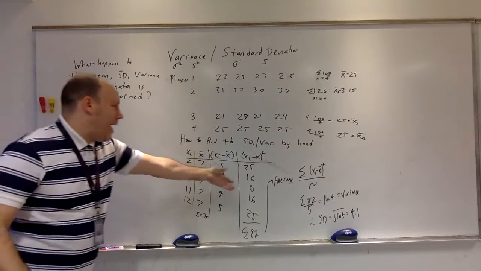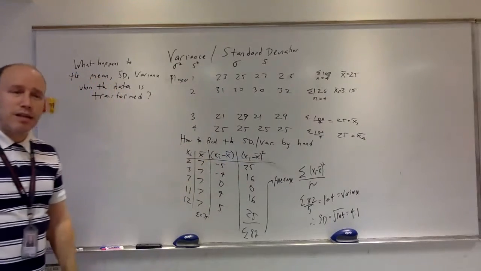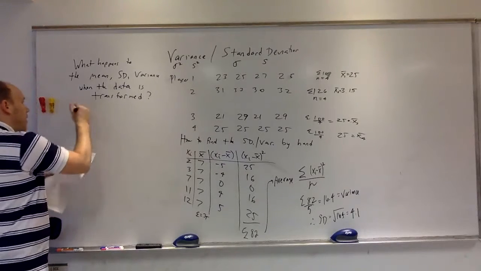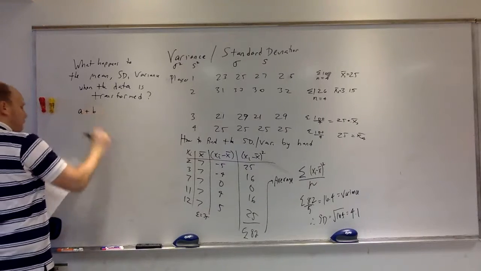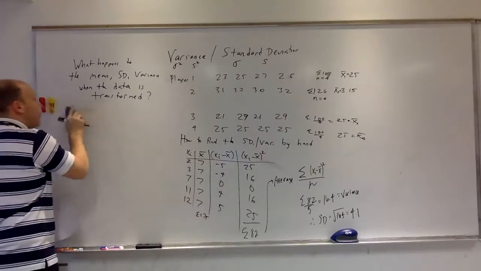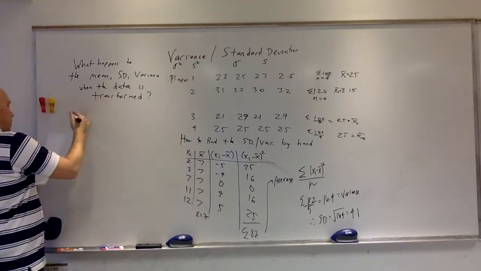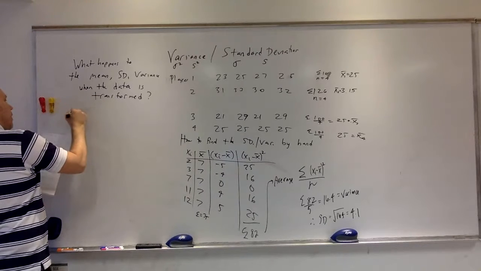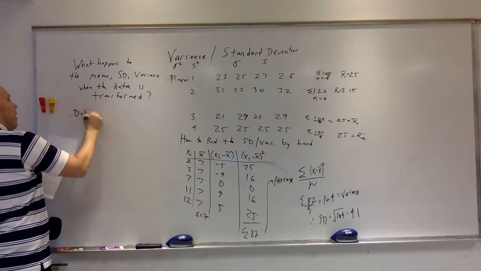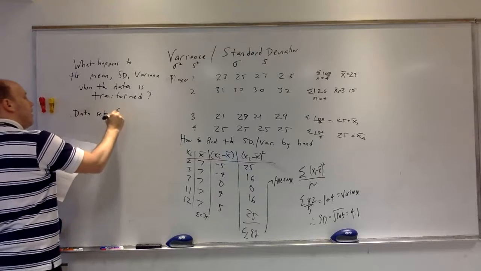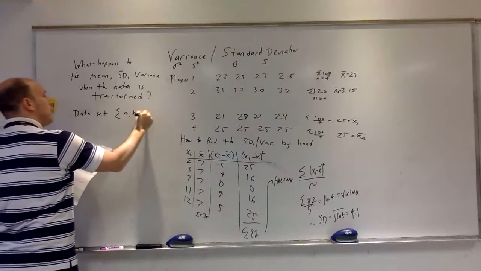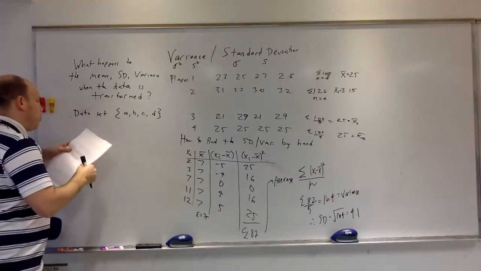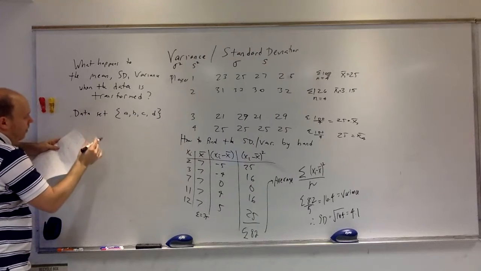So let's get some rules. Let's see what happens. Let's take 4 pieces of data. So we have a data set, and it is A, B, C, and D. So I make my first column.